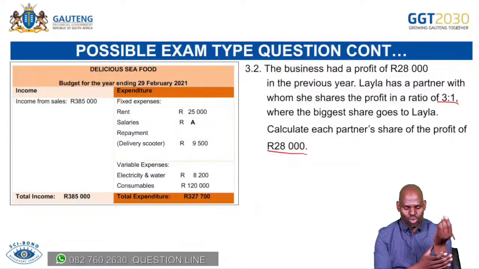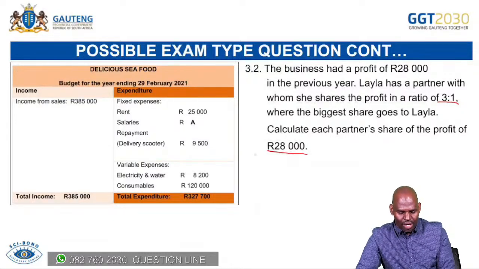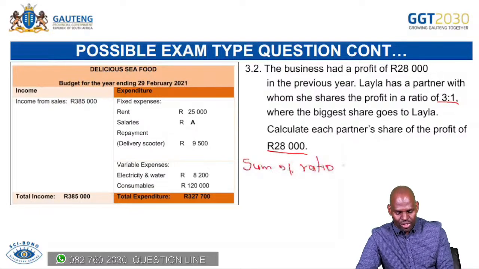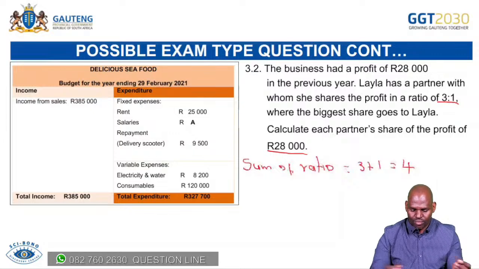So if we are dividing in a ratio, we must first find the sum of the ratio. The sum of the ratio is 3 plus 1, which equals 4.